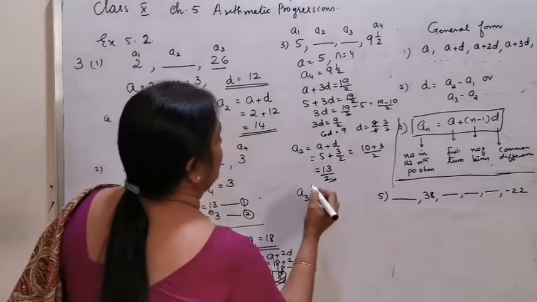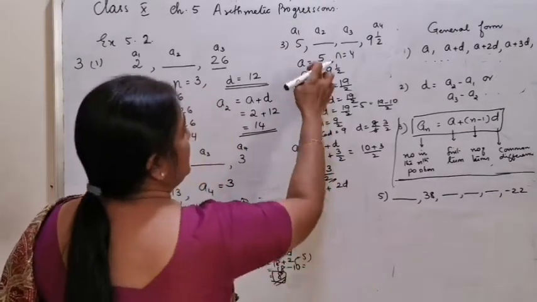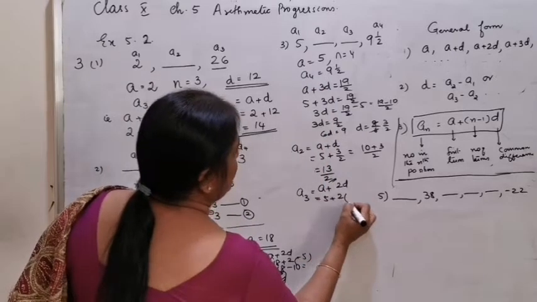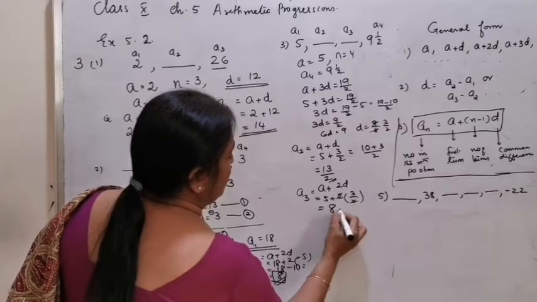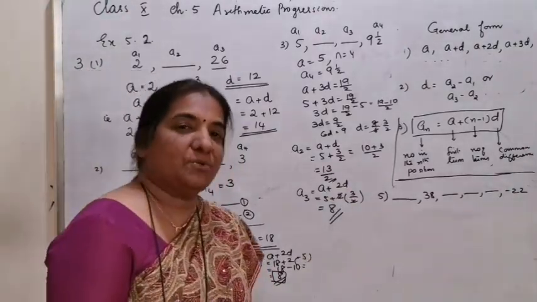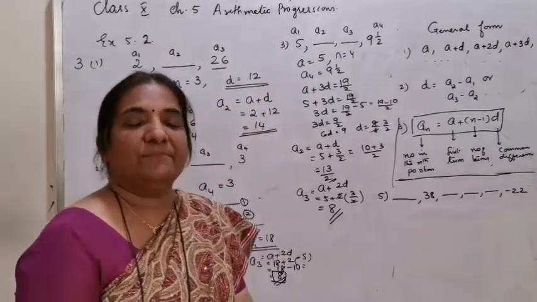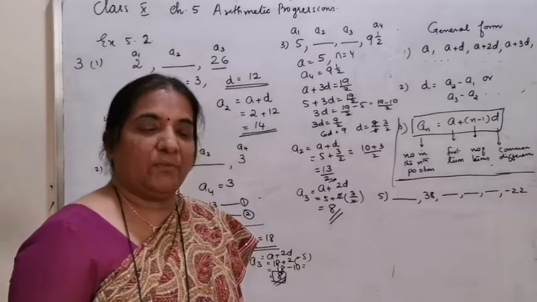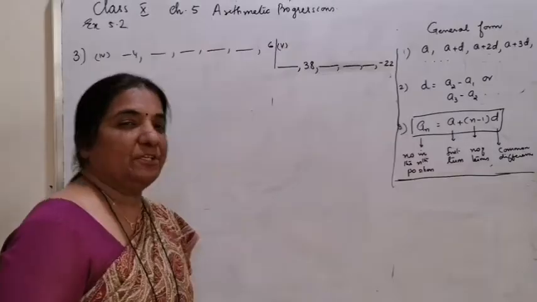A3 is equal to A plus 2D. A value is 5 plus 2 into D value is 3 by 2. It gets cancelled, or 5 plus 3 which is equal to 8. So the main logic is to get the value of A and D either from forming the equations or direct calculation.